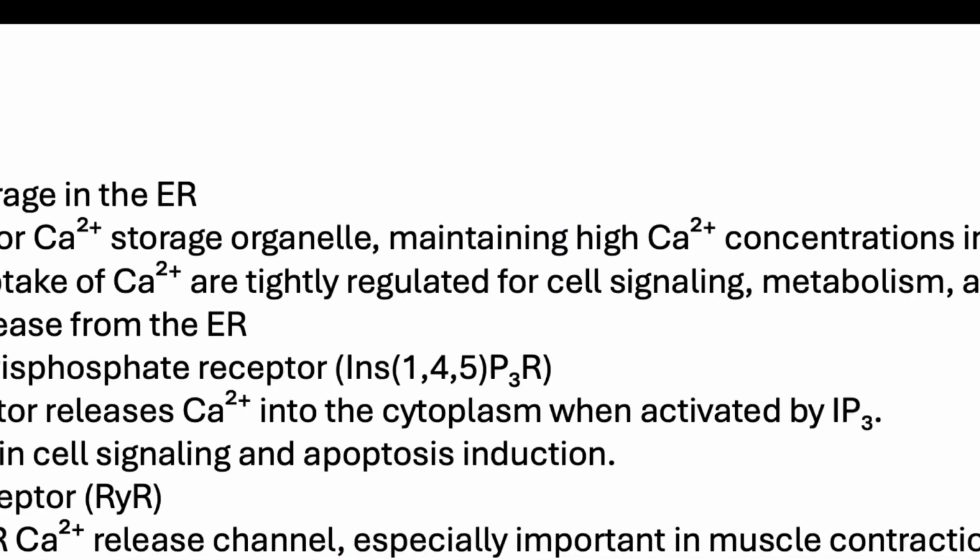Store-operated calcium entry, SOCE, and replenishment. Whenever ER calcium level drops, SOCE activates to refill stores. STIM1 detects low calcium and activates ORAI channels at the plasma membrane to bring in extracellular calcium.